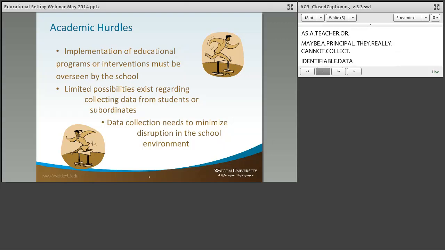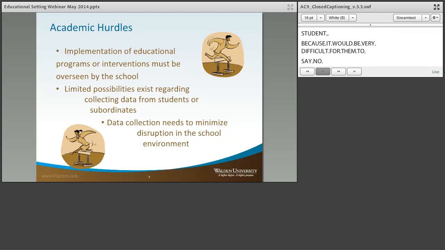So for example, if a teacher is wanting to understand what students think about a certain way that math is being taught, asking students they're currently teaching really would not be in the best interest of the student, because it would be very difficult for them to say no without feeling that they've somehow let their instructor or their teacher down.